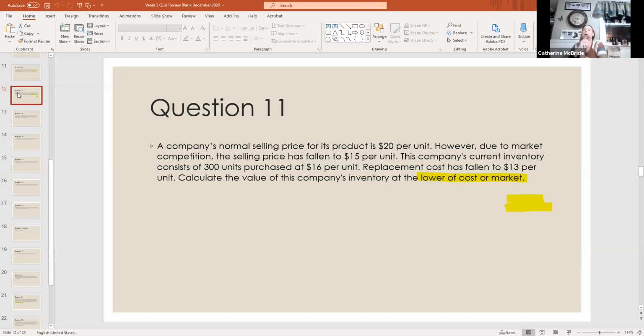Let's say that you have inventory on your balance sheet. It's usually a significant cost on your balance sheet or a significant asset, right? So we have a rule called looking at lower of cost or market. And for this purpose, market equals replacement cost.